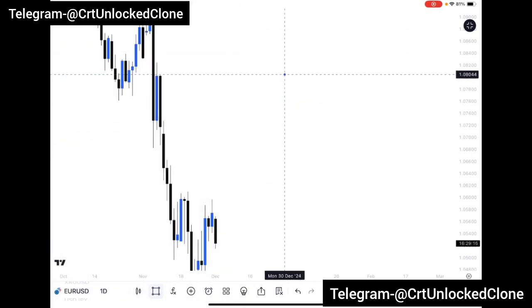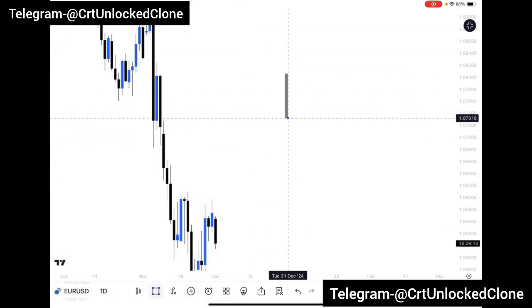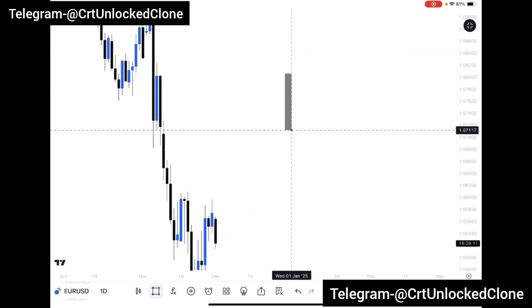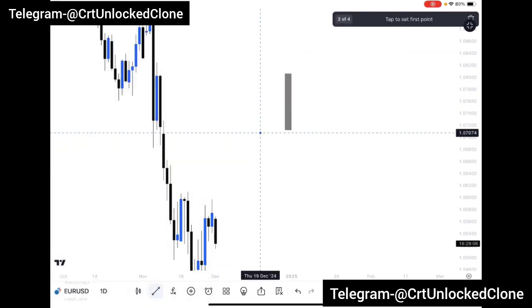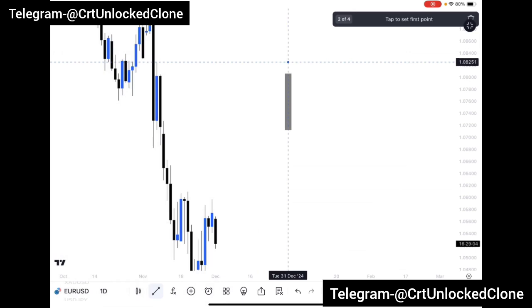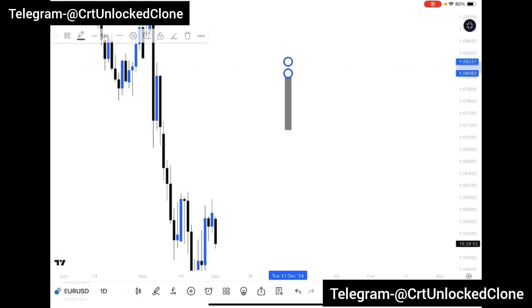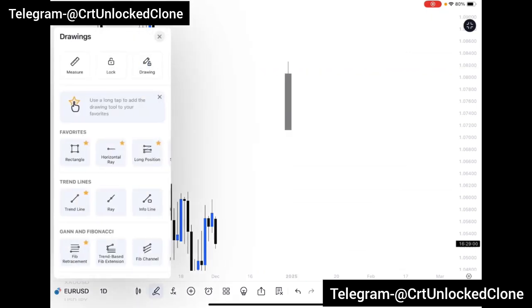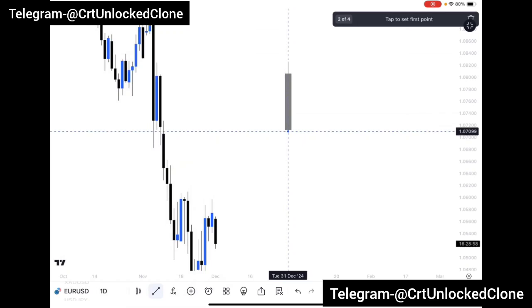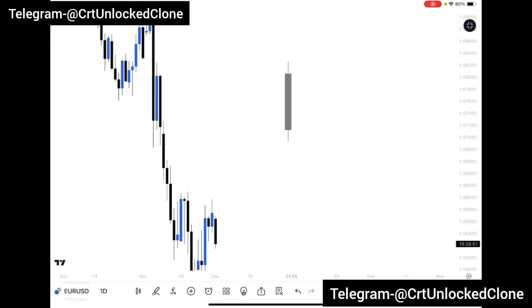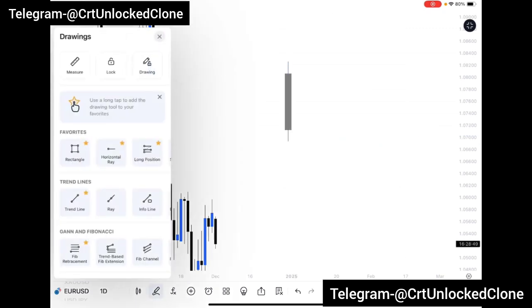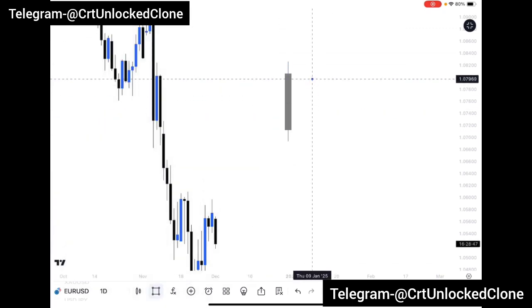First, I'm drawing a candle. Trend line, and it's a CRT candle. And guys, don't worry, I will tell you why it's a CRT candle. Again, next candle.